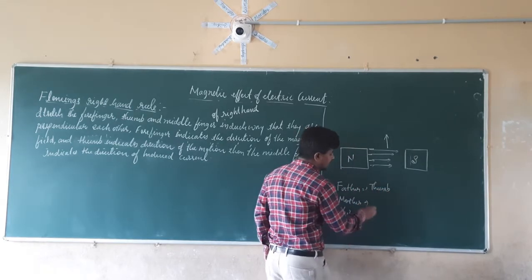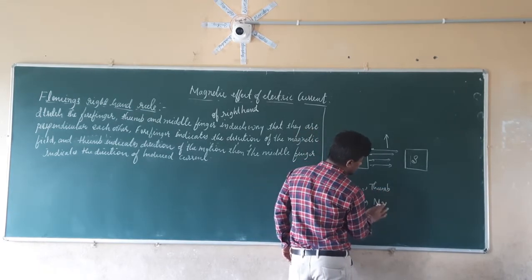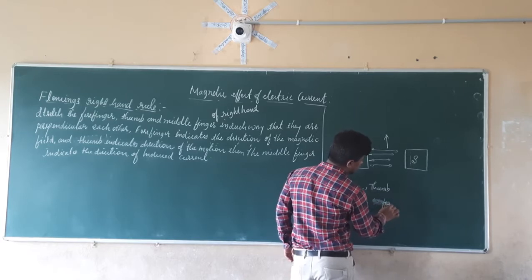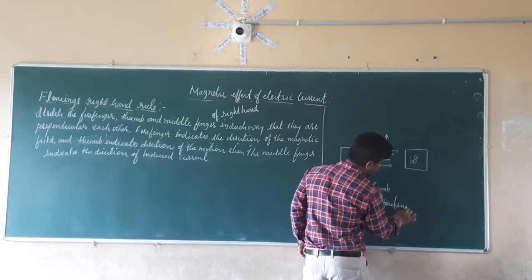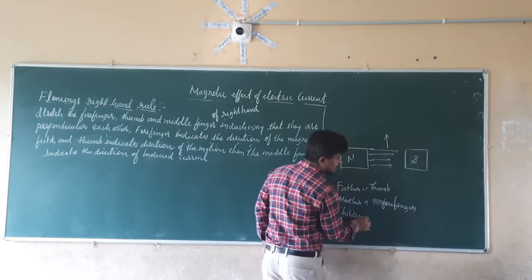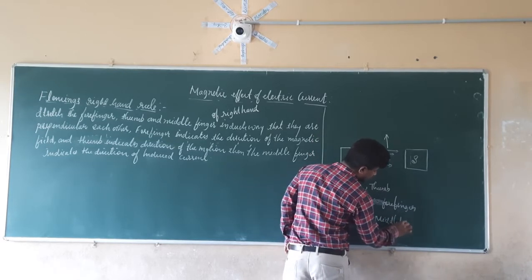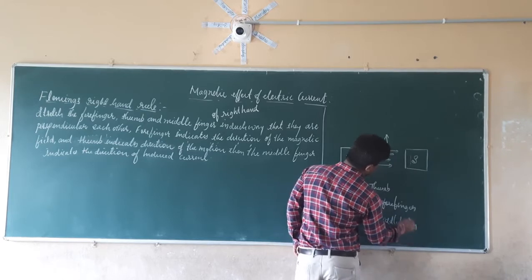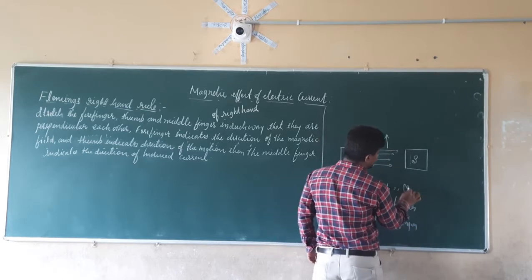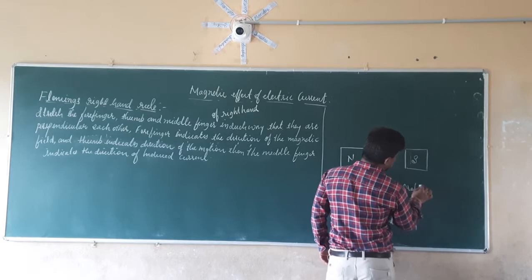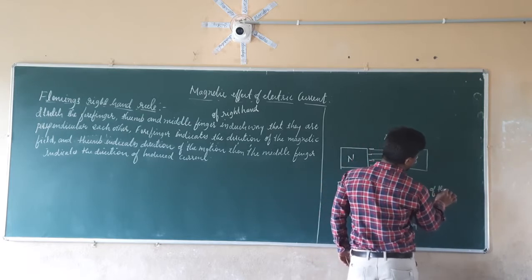Mother is nothing but what? It is the magnetic field, or the forefinger. And children is nothing but what? It is the middle finger. So the thumb is going to indicate the motion of the conductor.